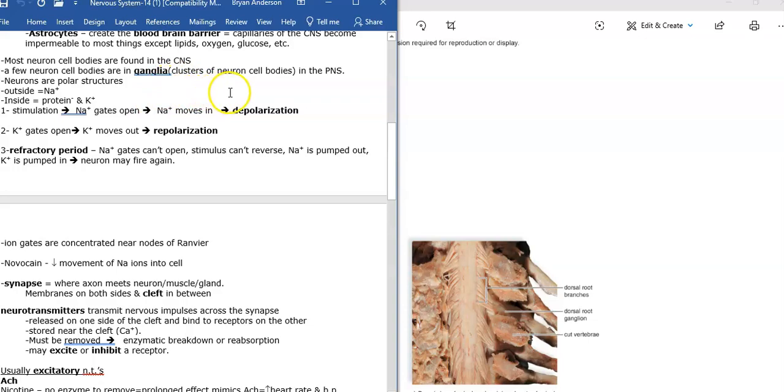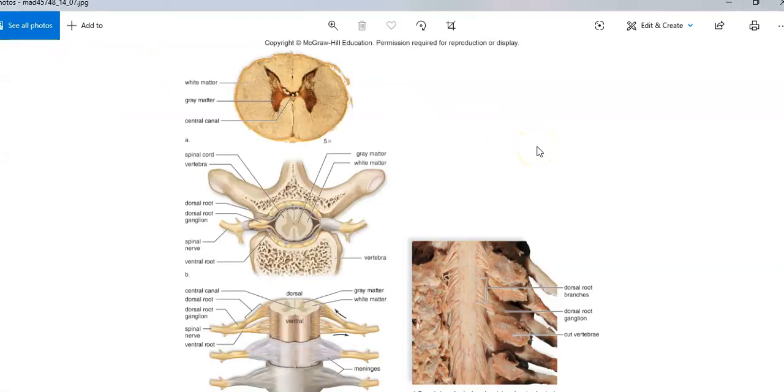But before we do that, this line here is important because I mentioned most neuron cell bodies are in the central nervous system. That's the brain and the spinal cord. The exception would be those found right here in these little ganglia that are right next to the spinal cord but are not technically part of the spinal cord.